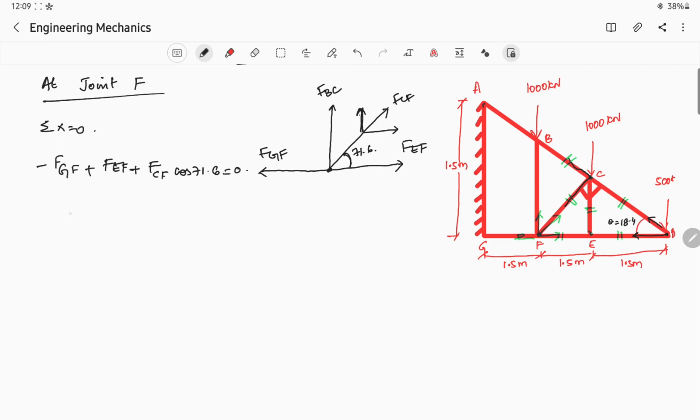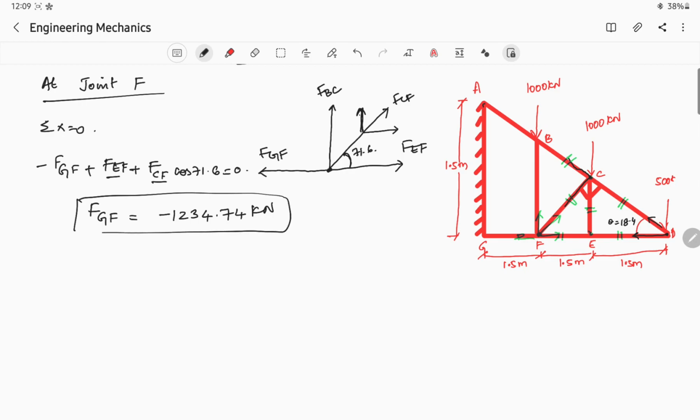So if you simplify, we have the value of force in member EF we know, force in member CF we know. So you will get force in member GF is equal to minus 123.9.74 kilonewton. Okay, force in member GF we've calculated directly.